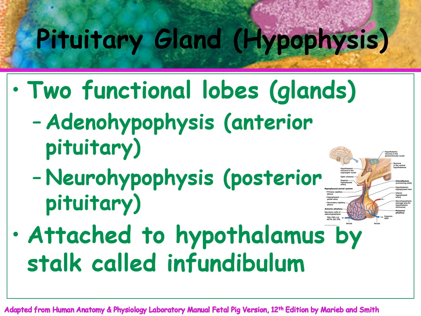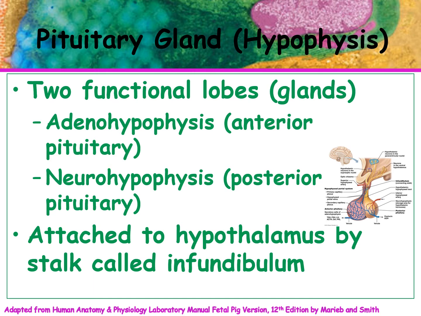The first gland that we are going to discuss in detail is the pituitary gland, which is also known as the hypophysis. It is attached to the hypothalamus by a stalk or peduncle called the infundibulum. The pituitary gland can be divided into two parts: the anterior pituitary or adenohypophysis, and the posterior pituitary or neurohypophysis.